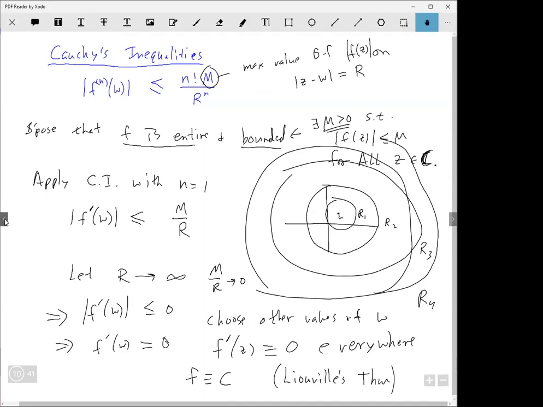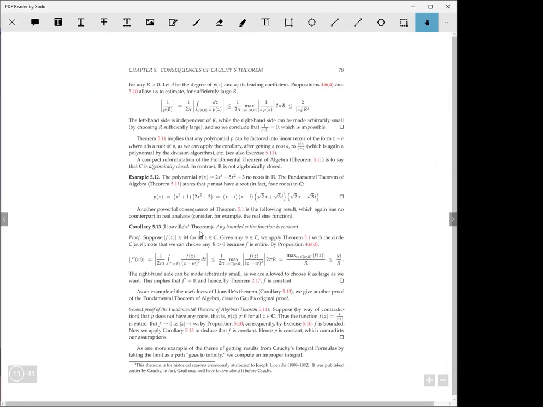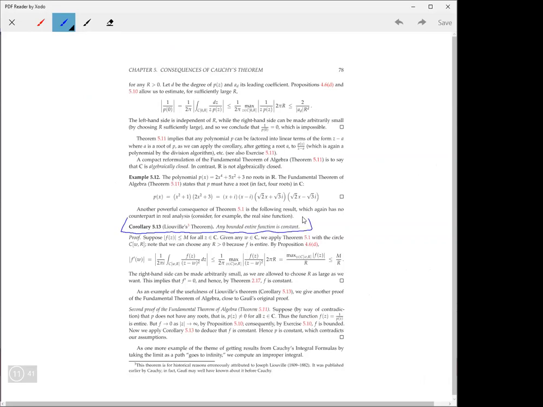It's right here too. See, it's Liouville's theorem, corollary 5.13. And you can see that you've got this M over r, and you just let that go to 0 as r goes to infinity.